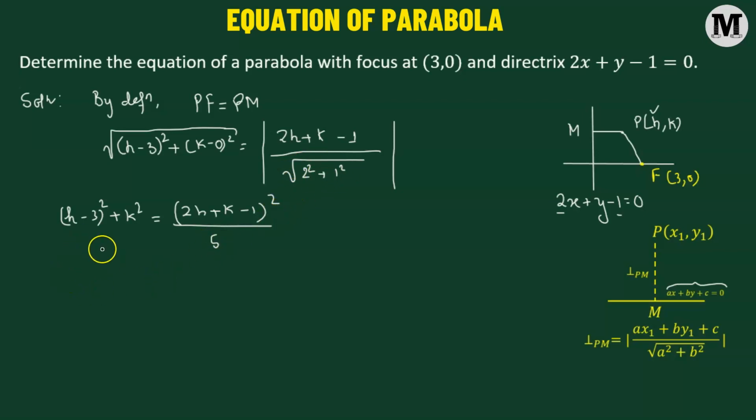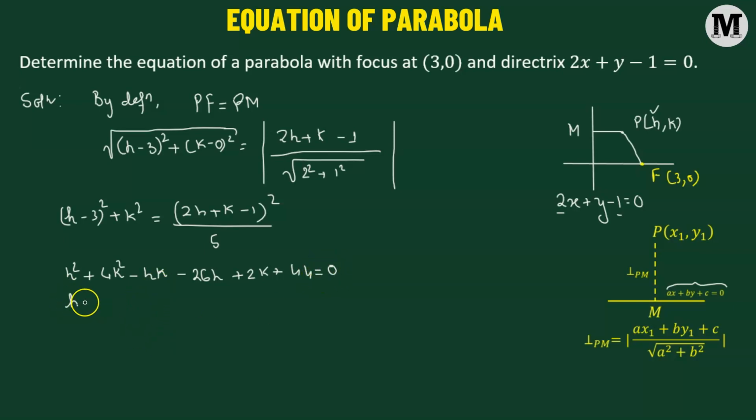Now we'll simplify this. I'm leaving that as an exercise for you to try. After simplification, we will get h squared plus 4k squared minus hk minus 26h plus 2k plus 44 equals 0. Now we're almost there.